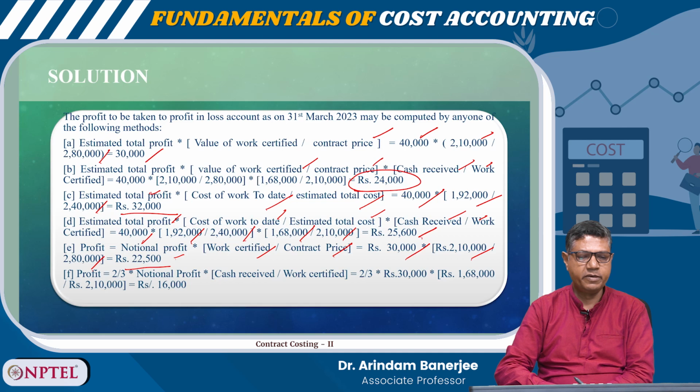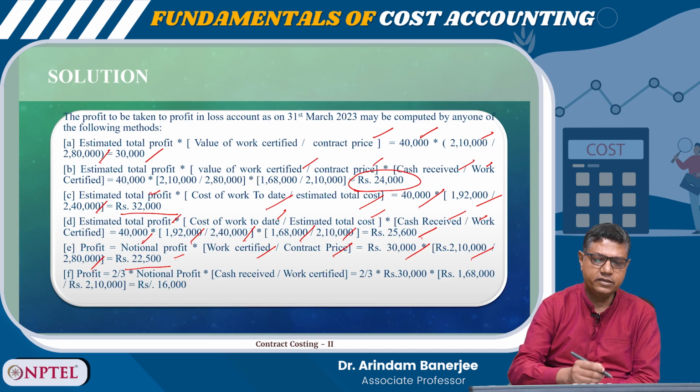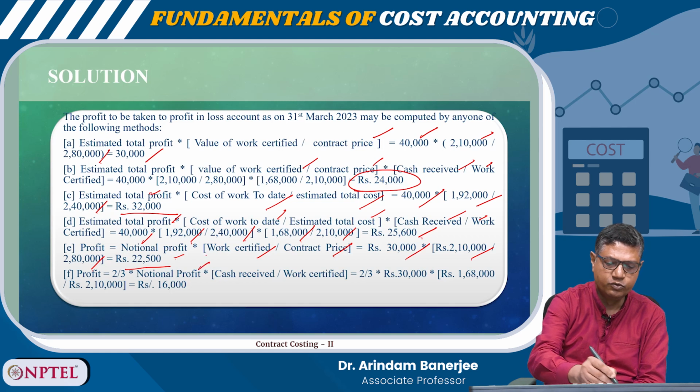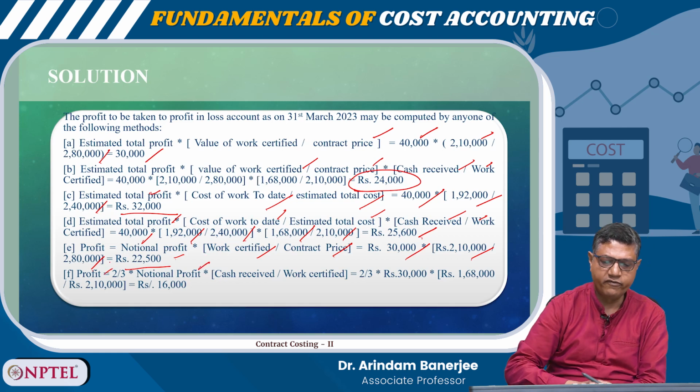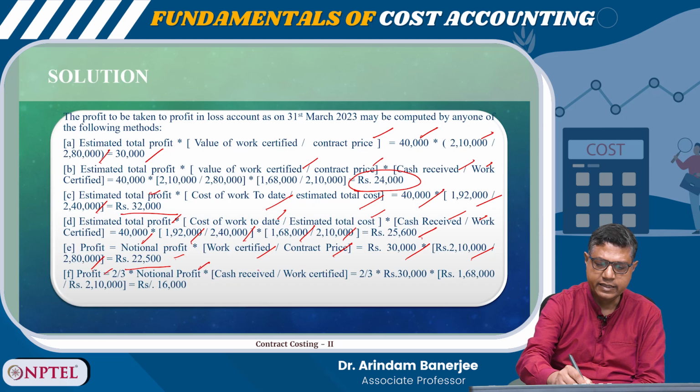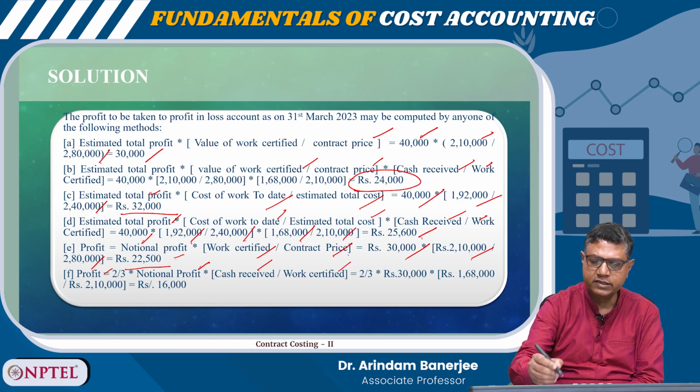There is a sixth method for calculation of profit, that is 2/3 into notional profit into cash received divided by work certified.